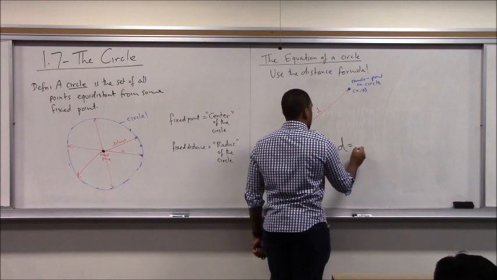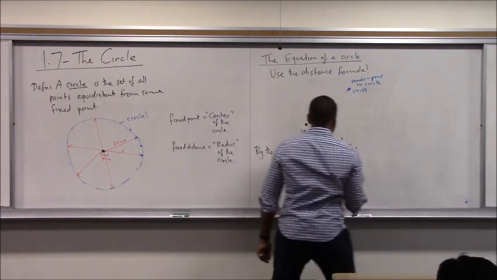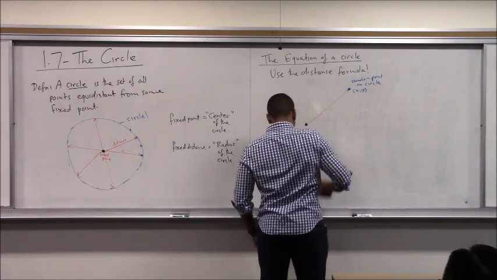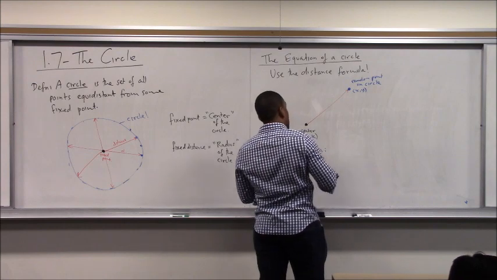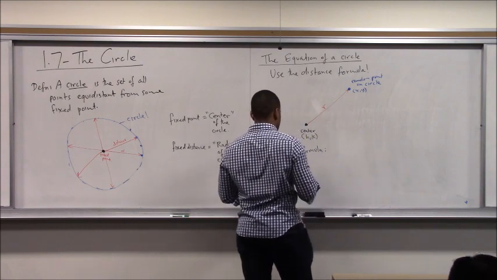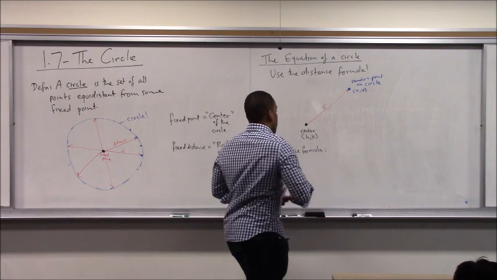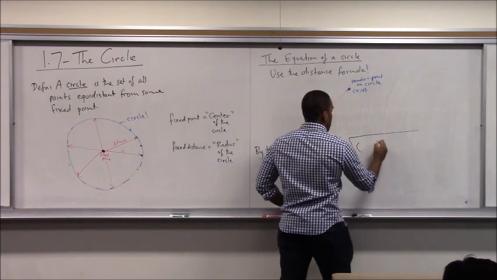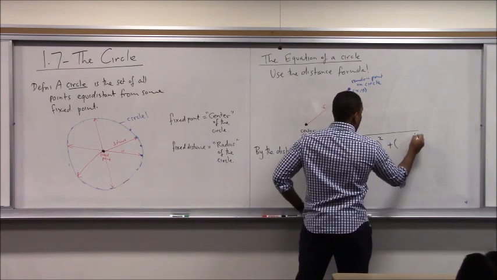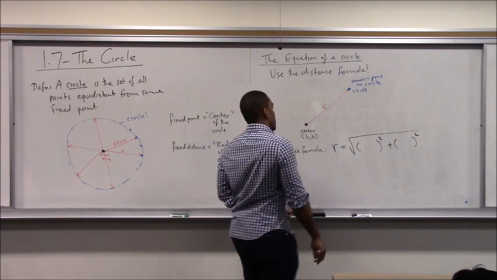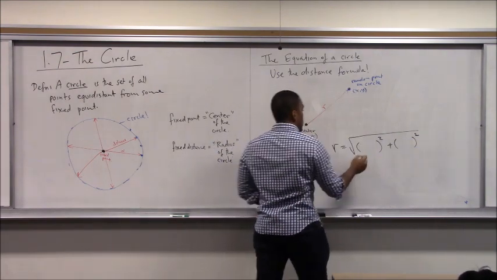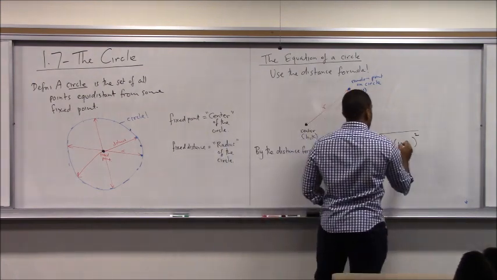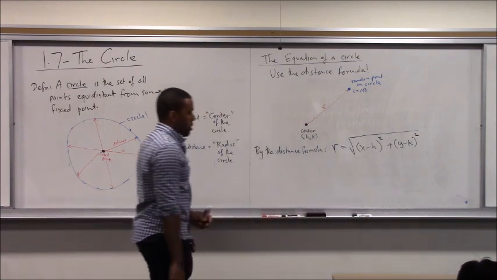Let me just derive the formula as you'd see it. Let's call it r for radius. This is r, that's the distance. By the distance formula, that distance r is going to be equal to the square root of the difference in x coordinate squared plus the difference in y coordinate squared. So I can take x2 minus x1 and take y2 minus y1, and that will give me that, right?